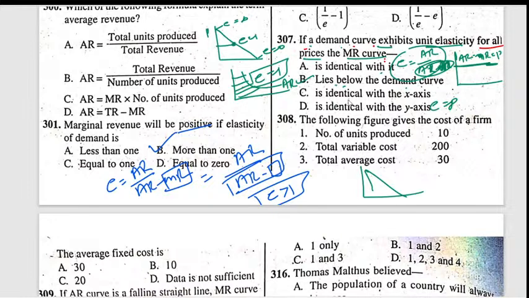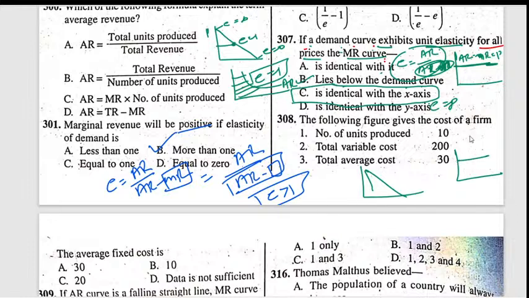I gave is identical with the x-axis. Means if the demand curve exhibits unit elasticity for all prices, the MR curve is, the official answer is saying C, identical with x-axis.